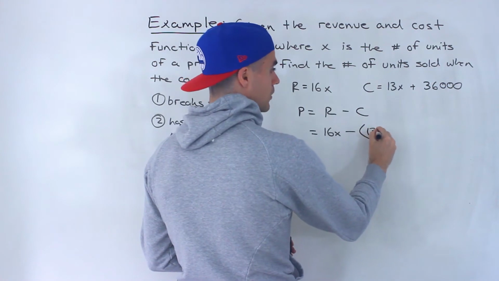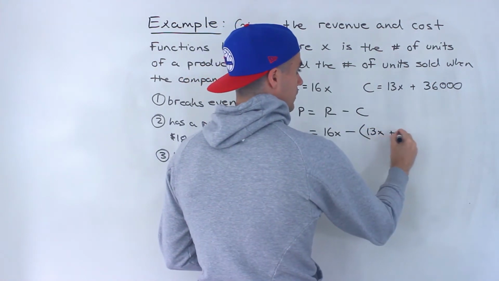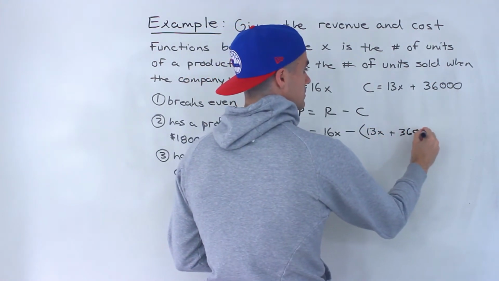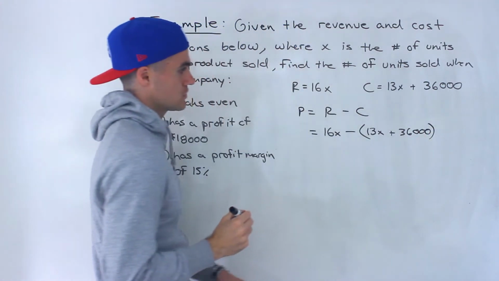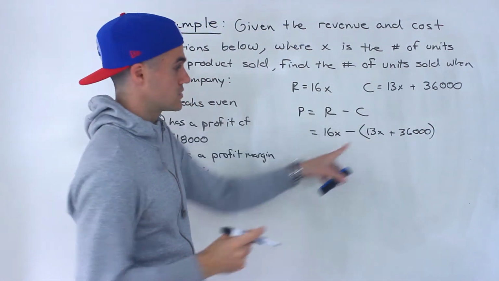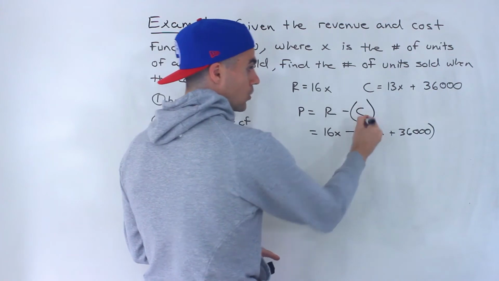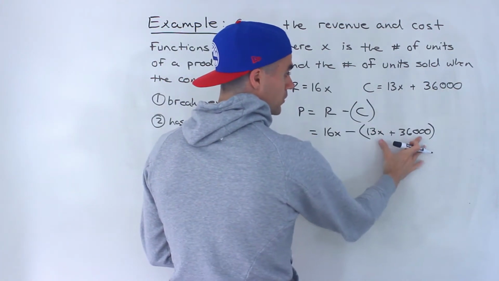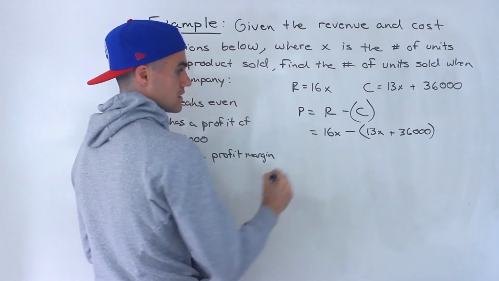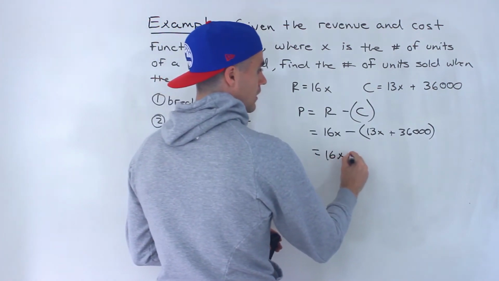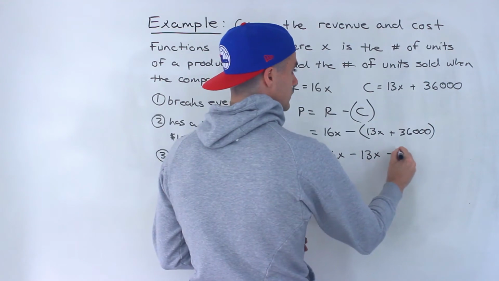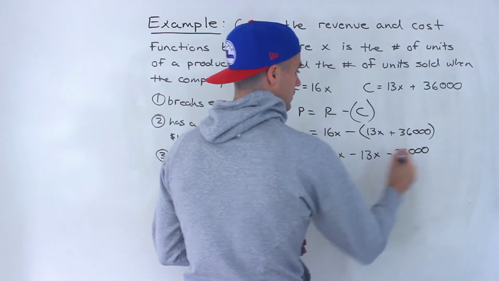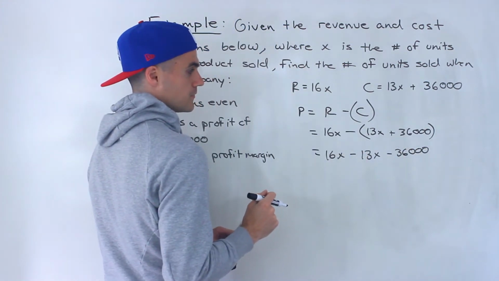Now, because there are multiple expressions for the cost function, make sure that you're putting that in brackets, right? We're subtracting that whole cost. From here, if we simplify this, we'd end up having this over here.